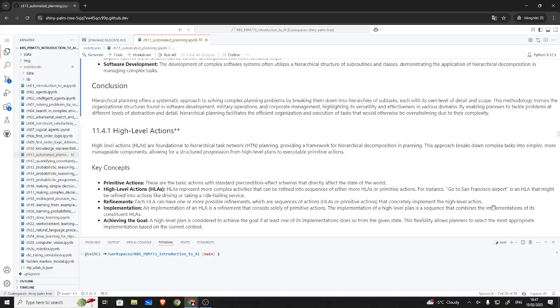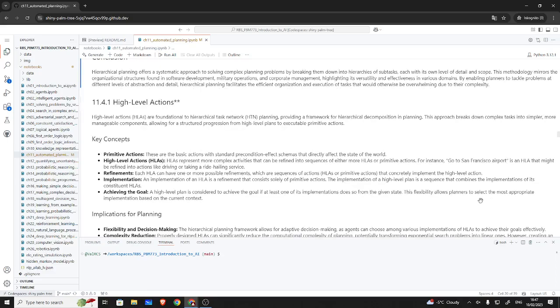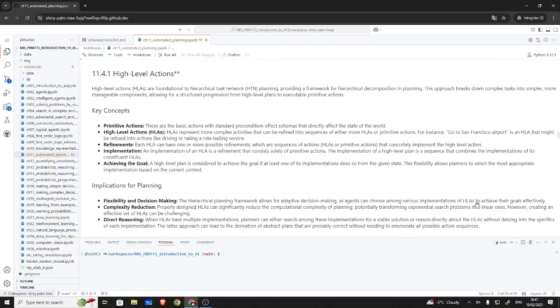And as you can see, none of these approaches were winners. They are just part of your tools that you can use. If you have properly defined high-level actions, you end up with a linear problem: one step leads to another step, and you have solved the problem.